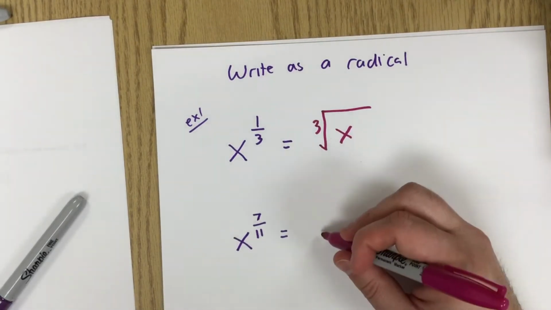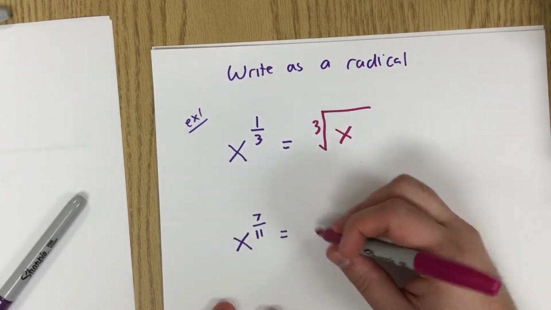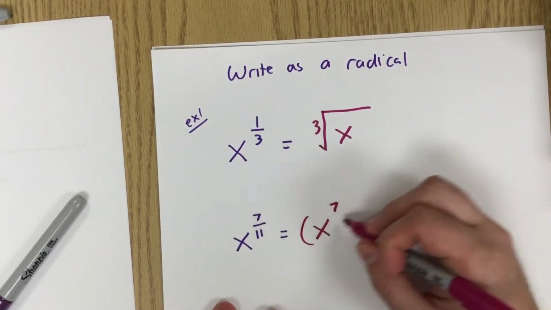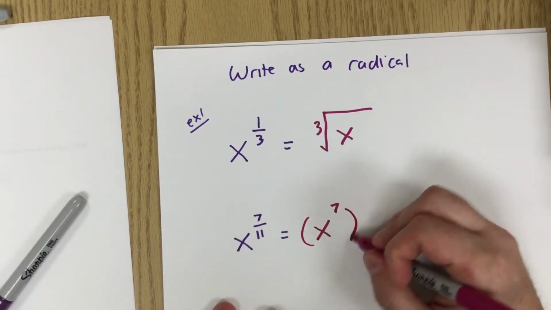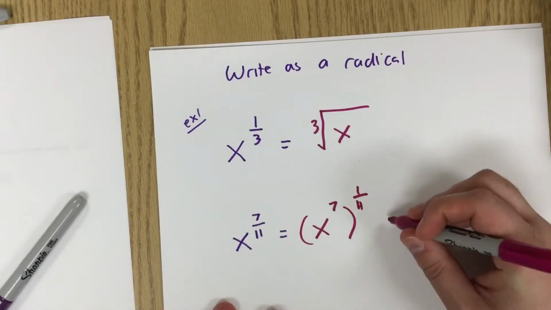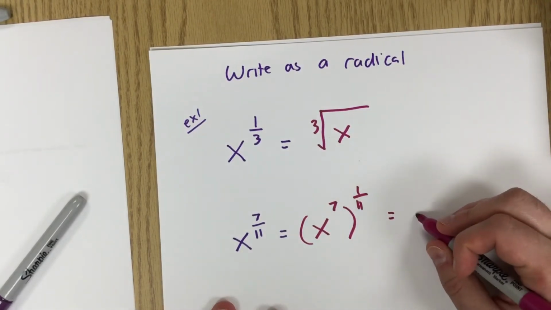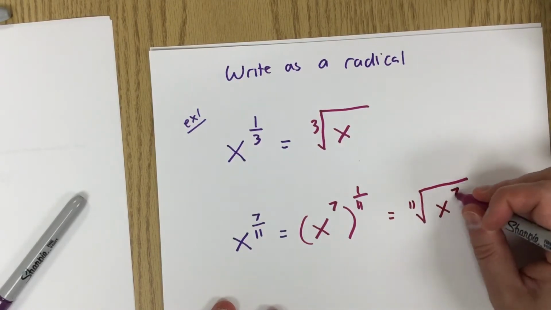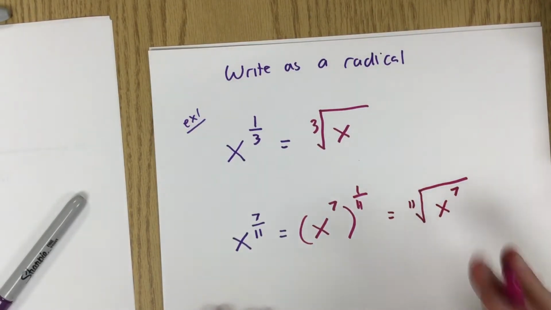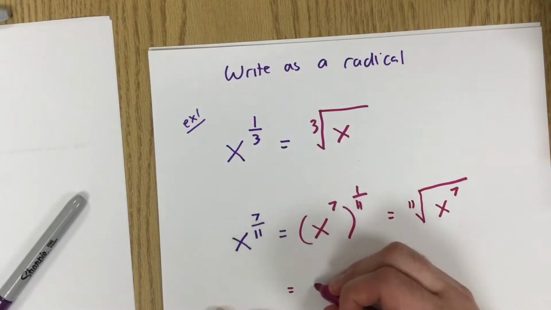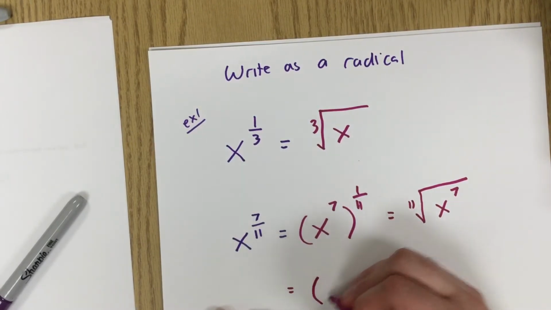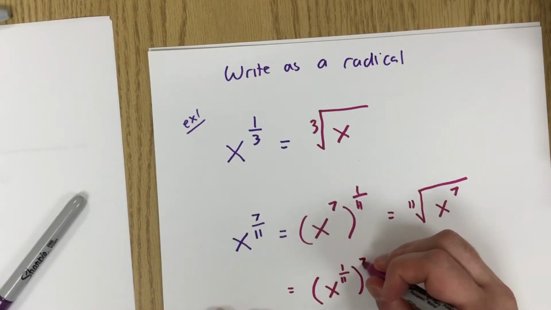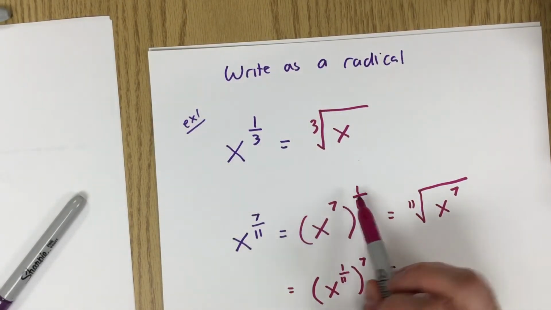This one is going to be x to the 7 over 11. So we can write that as x to the 7 to the 1 over 11, which would be the 11th root of x to the 7. Or we could write it as x to the 1 over 11 to the 7, because 7 times 1 over 11 is 7 over 11.